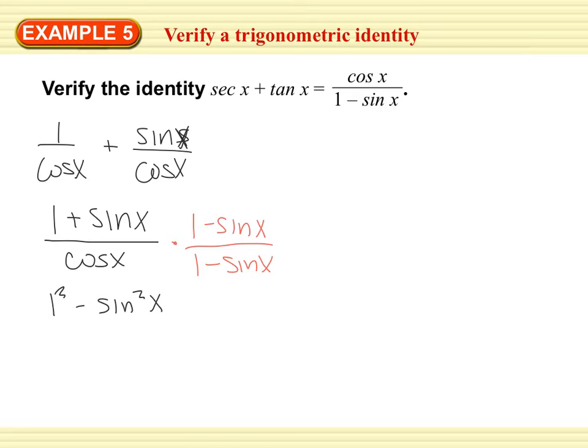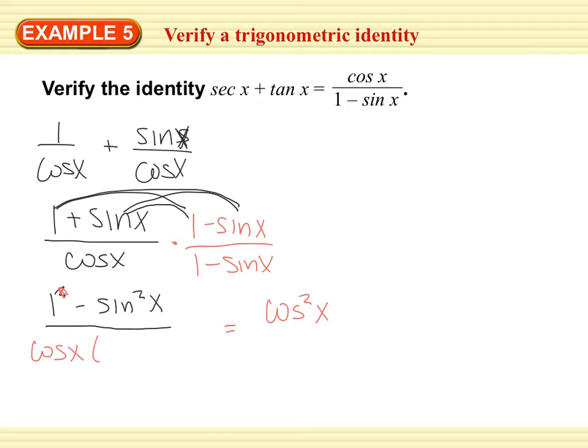First times first is 1, outer negative sine x, inner positive sine x, which cancels out, and last, negative sine squared x. Now the numerator is 1 squared, which I don't have to write, minus sine squared x. I can use the Pythagorean identity to make that cosine squared x. But let's look at the denominator. Here I just have cosine x times 1 minus sine x.